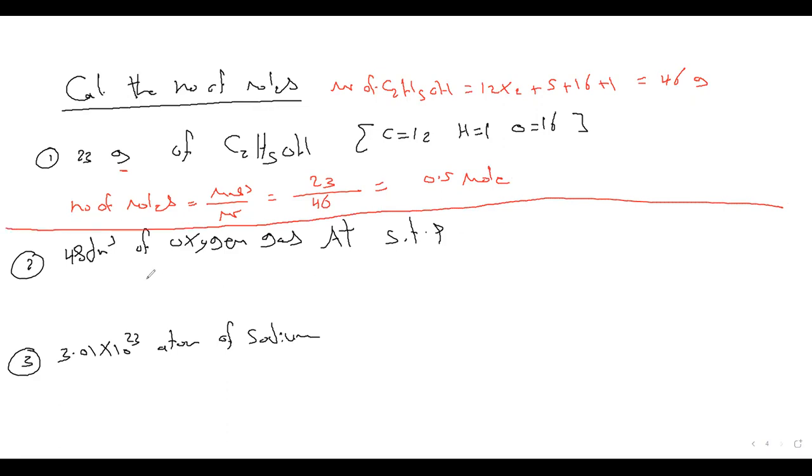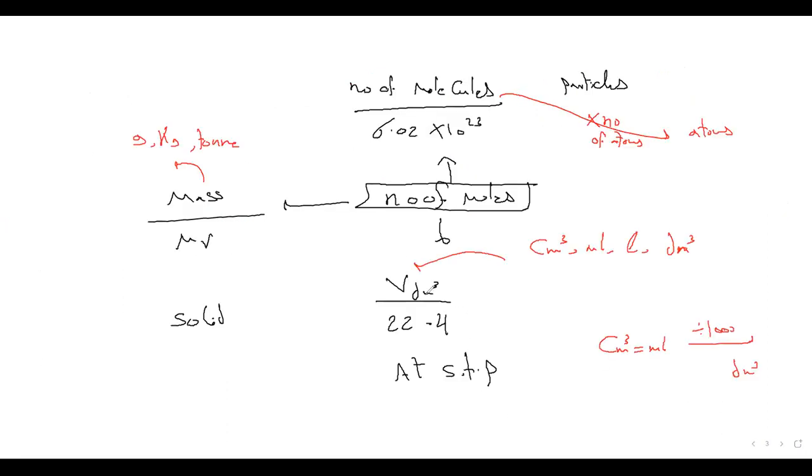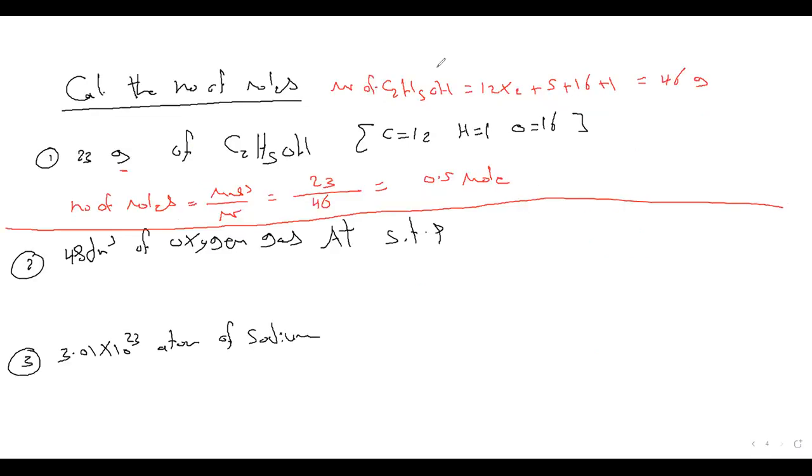Number 2, 48 decimeter cubed of a gas at STP. So we have volume in decimeter cubed over 22.4. So number of moles is equal to volume over 22.4, equal 48 over 22.4.